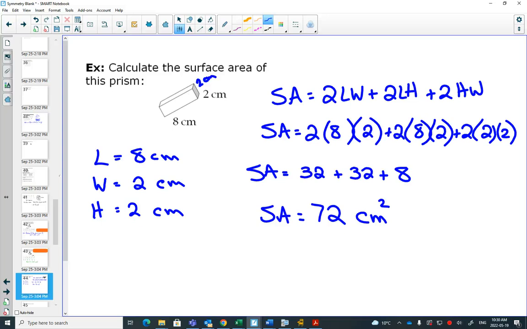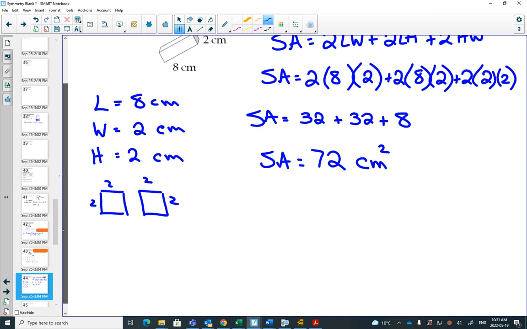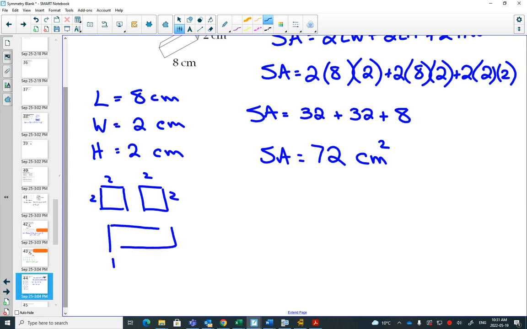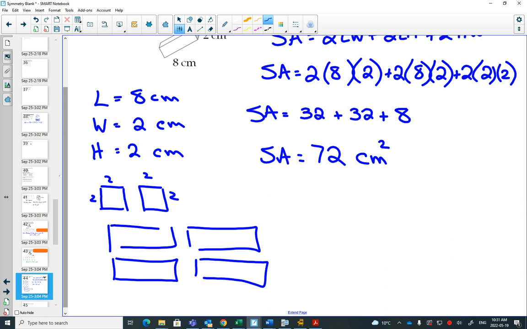Can you see that if you did your left and right, you would have 2 squares that are 2 by 2, this side and this side. And then around, you would have 4 rectangles that are all 2 by 8.